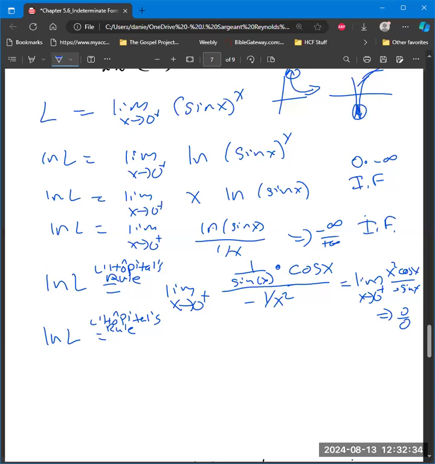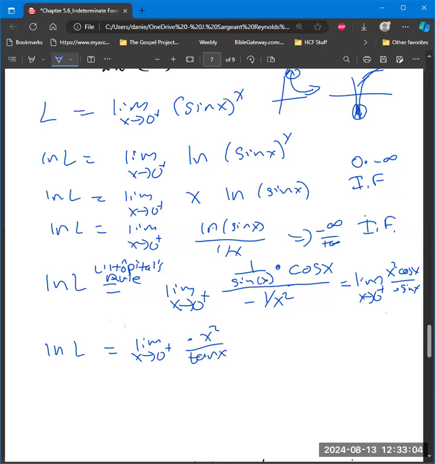Let me simplify this a little bit for myself before I use L'Hopital's rule. So this is going to be the limit as x goes to 0 from the right of negative x squared, I'm going to put that up there, cosine over sine is cotangent, but I want to take that to the bottom.